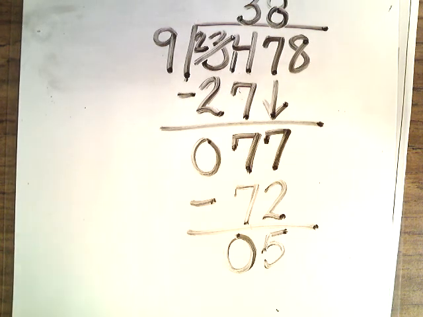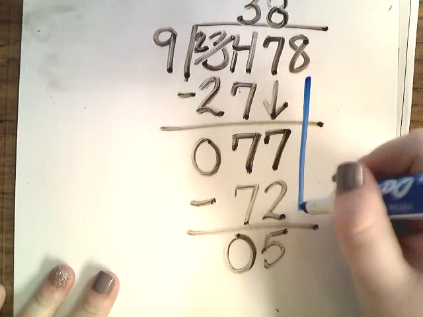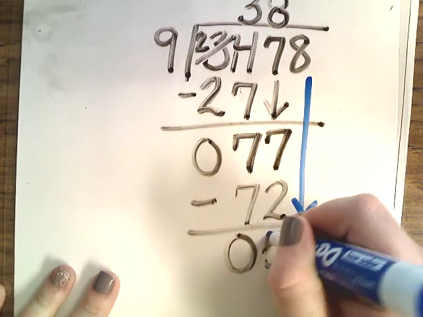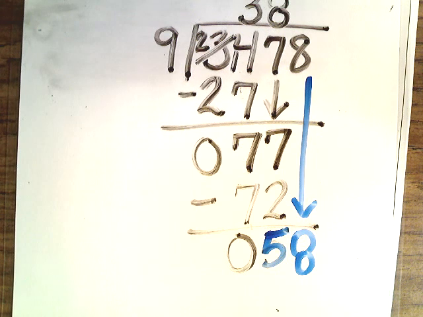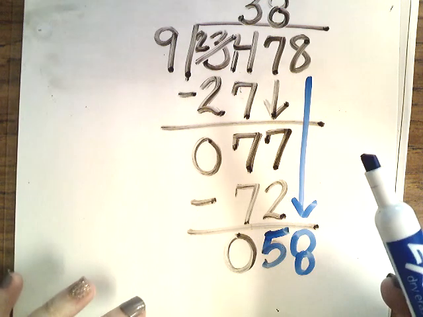Then we're going to bring down, I'm going to use a different marker because this one's dying on me, the 8. This is a 5. So now we have to see how many times 9 can fit into 58. Well, 9 times 6 is 54.